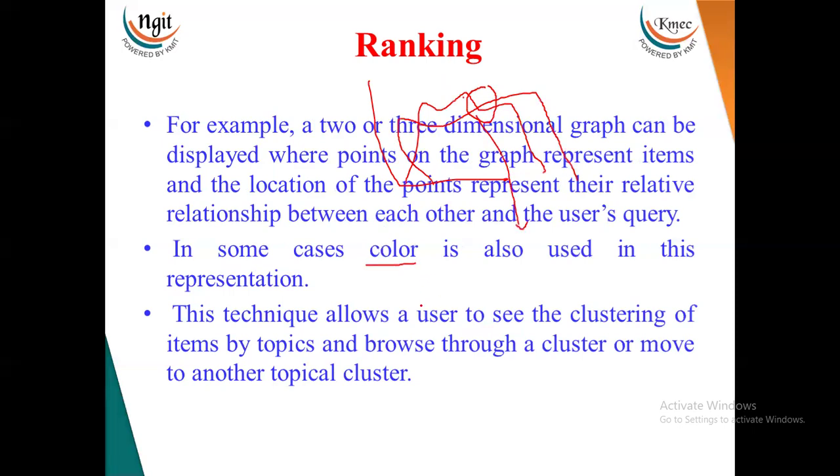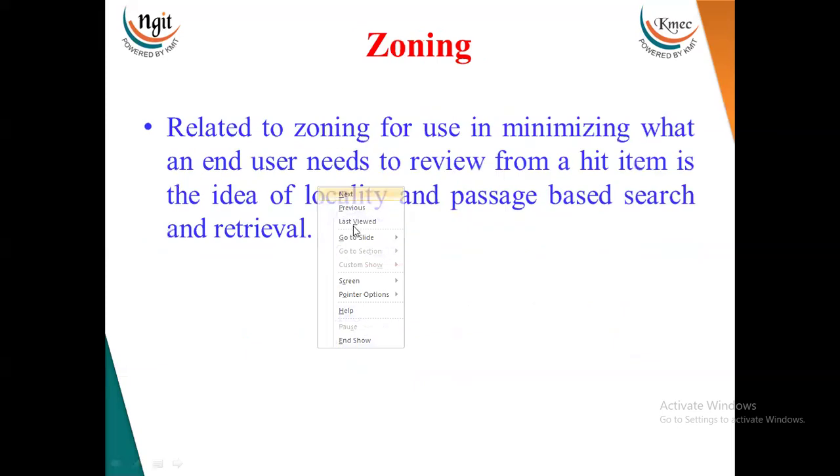In some cases, you can also use different colors for different searches. This technique will help in clustering of topics, and you can browse through a cluster or move to another topical cluster. If I want the clustered elements of a provided topic, then you can go with ranking, collaborative filtering and graphical representation.